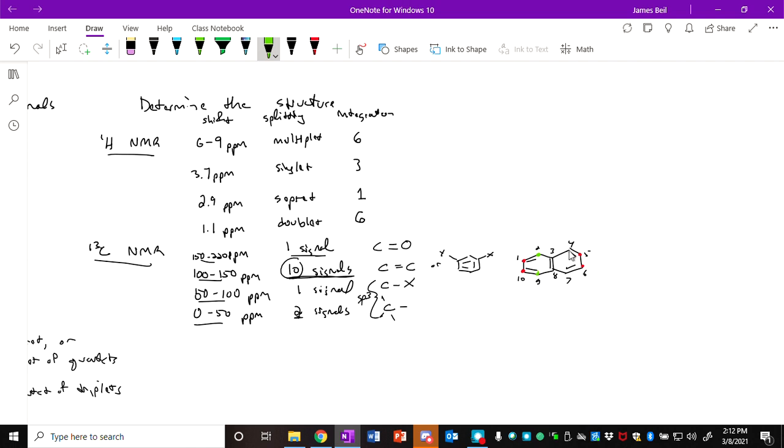These carbons right here would all be equivalent, and these carbons right here would be equivalent. So I would only see 3 signals. So to get 10 signals, there's got to be some substituents here. One of those is going to have to involve a C=O double bond. One's going to have to involve a highly electronegative atom with another carbon and a couple more carbons. So I've got to figure out how to get those other carbons connected. And that's where the proton NMR is going to be especially useful.